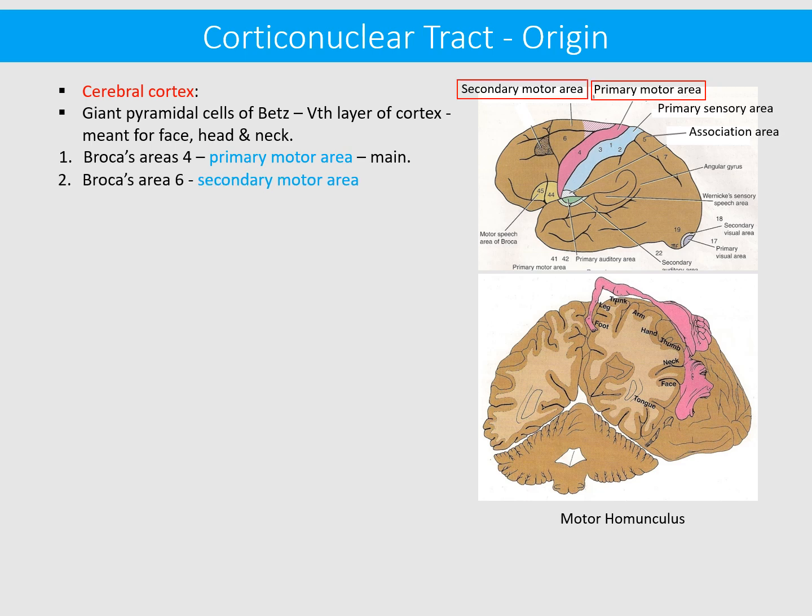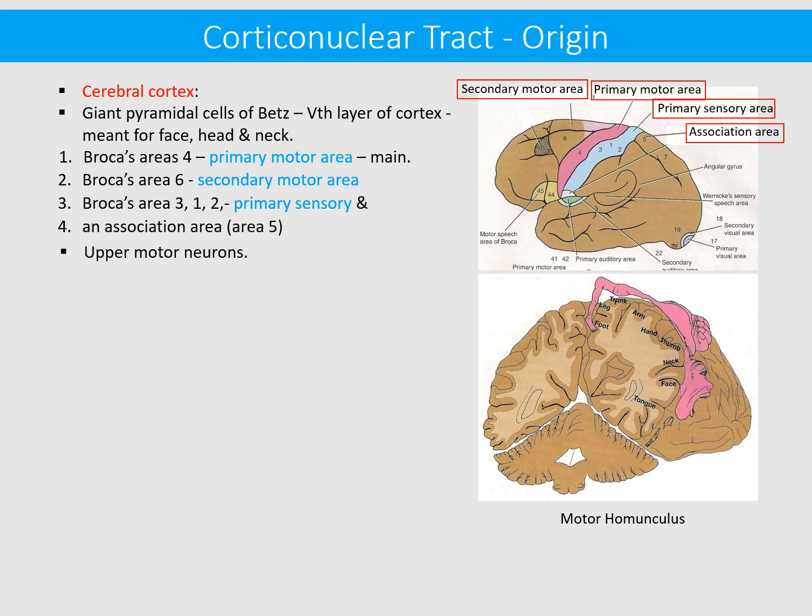Number 2, Brodmann area 6, the secondary motor area or the premotor area. Number 3, Brodmann areas 3, 1, 2, the primary sensory area. And number 4, an association area, number 5. These cells are named as upper motor neurons.